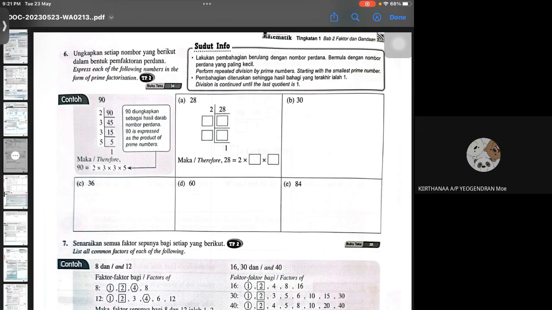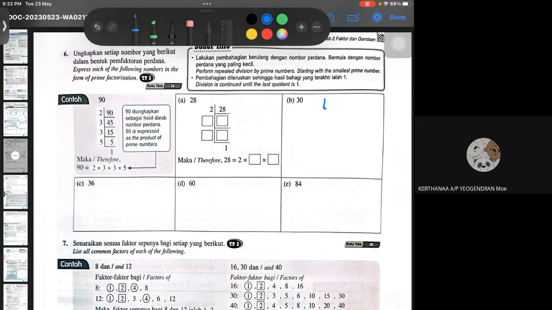For this number, you must use the prime numbers and then state the number as a product of prime numbers. 30, and then we start from 2, 3, 5, 7, 11, and so on. These are the prime numbers. 15, and then we cannot divide by 2 again, so we use 3, 5. After you get 1 here, you stop. So this number will be 2 times 3 times 5.